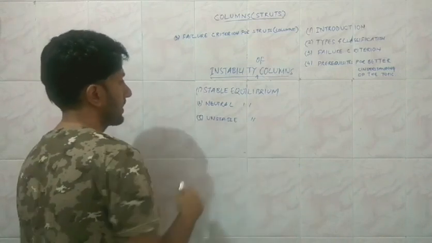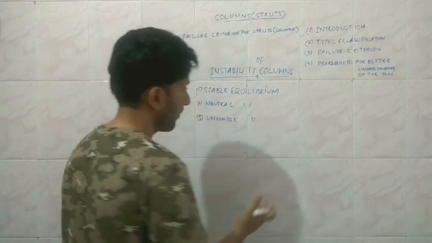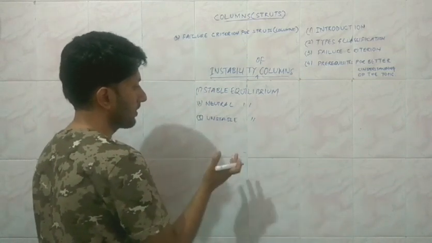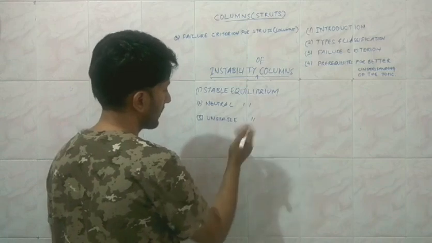So in order to better understand it, we will take an example of a sphere and the confining surface.